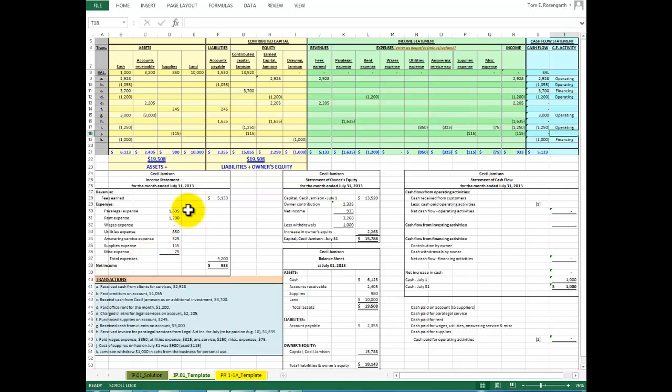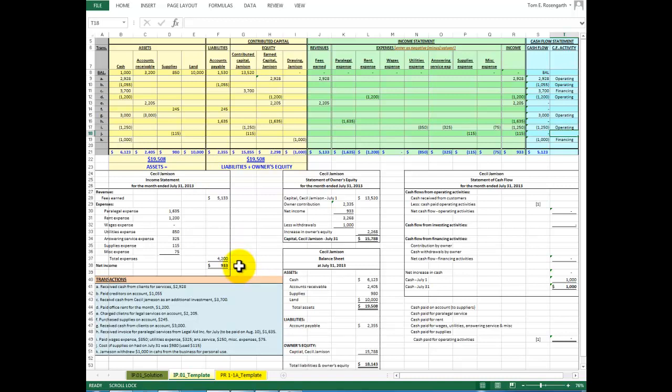So transferring $1,635 for paralegal expense, $1,200 for rent expense, $850 for utilities, $325 for the answering machine, $115 for supplies expense, and $75 for miscellaneous. There is a total of $4,200 of expenses. $4,200 of expenses from fees of $5,133 gives net income of $933.